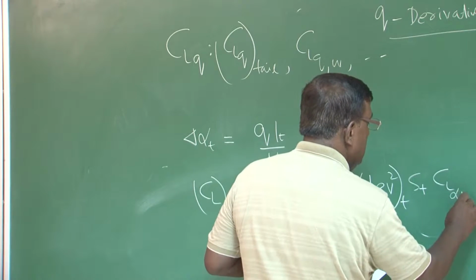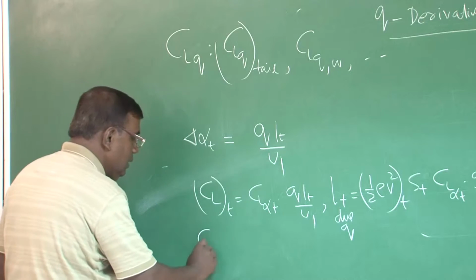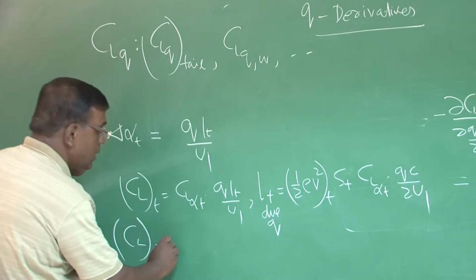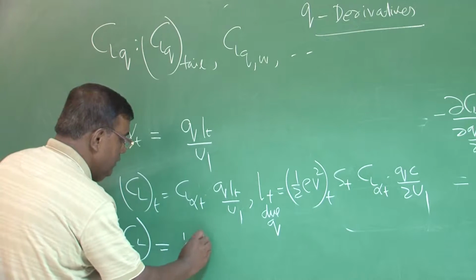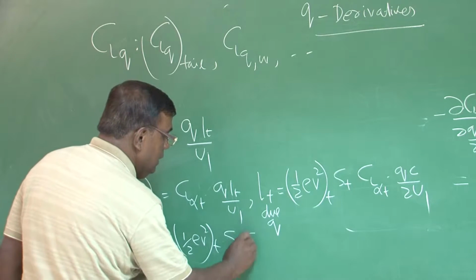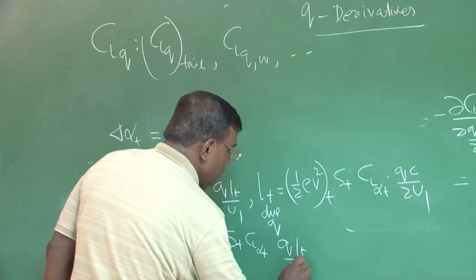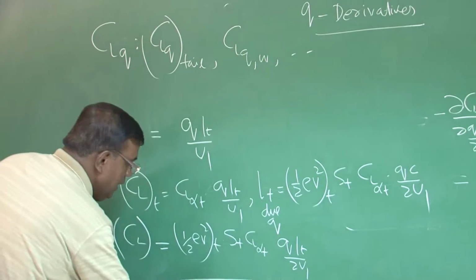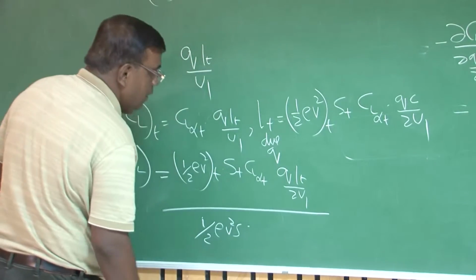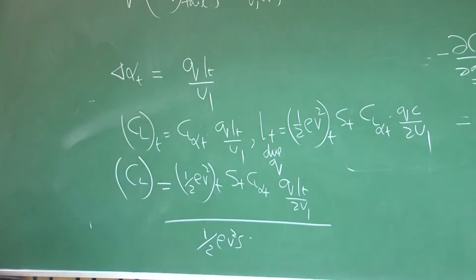If you want to find out CL based on free stream dynamic pressure, then this will be half rho V square tail into S tail CL alpha tail Q LT by U1, divided by half rho V square S free stream, that is all. And you know half rho V square tail by half rho V square free stream is eta.